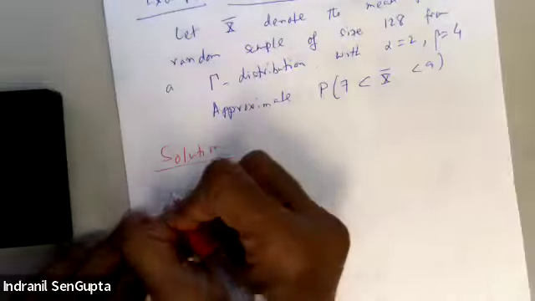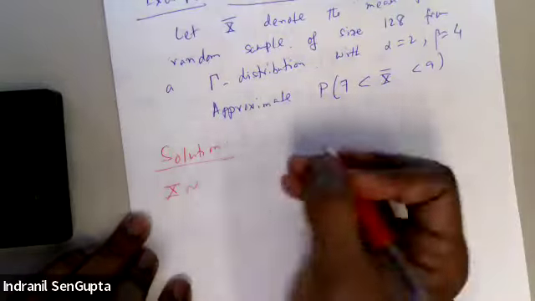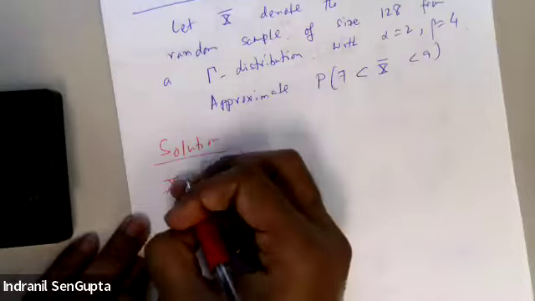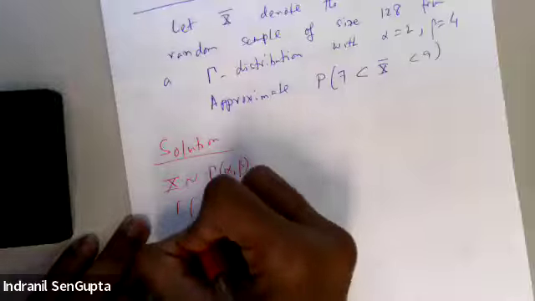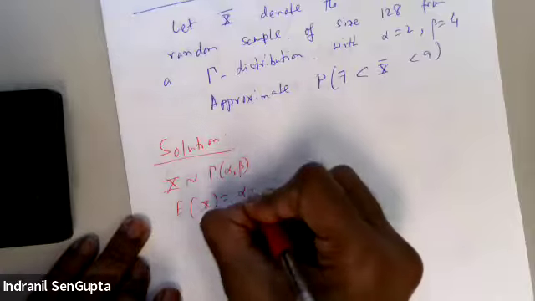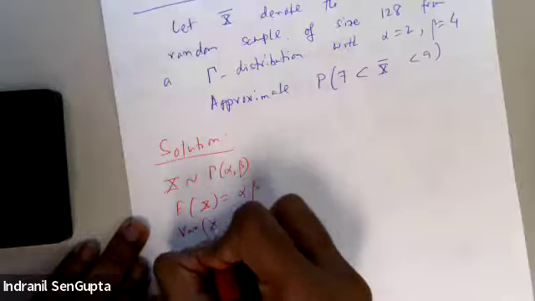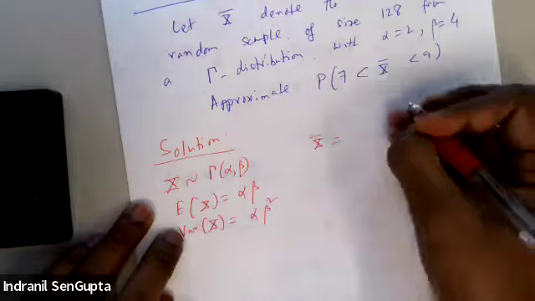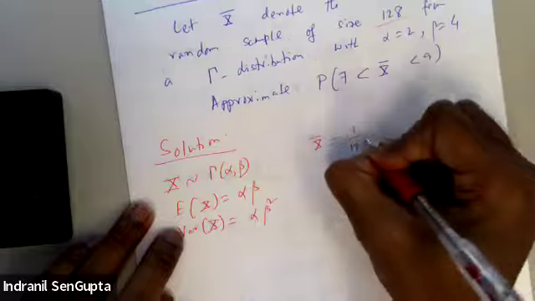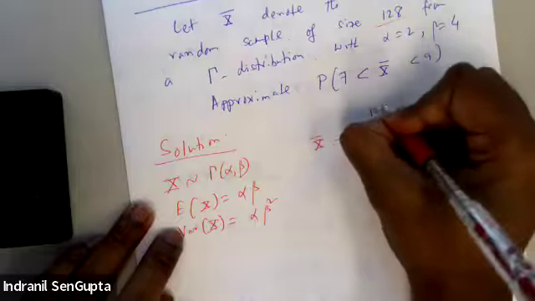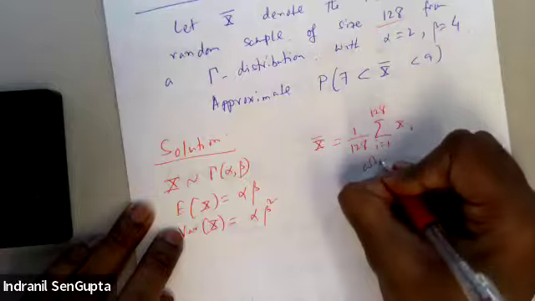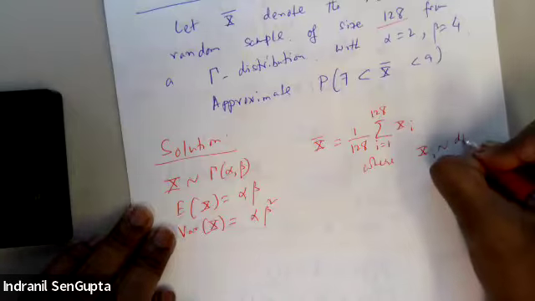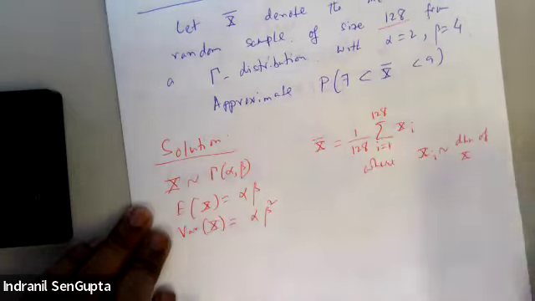So if X follows the gamma distribution with parameters alpha and beta, then it is well known that E of X, I think we wrote it in the first class, is given by alpha beta, and variance of X is given by alpha beta squared. And what we have here is X bar from 128, so it's 1 over 128 summation i from 1 to 128 of Xi, where Xi follows the distribution of X, which I wrote here.